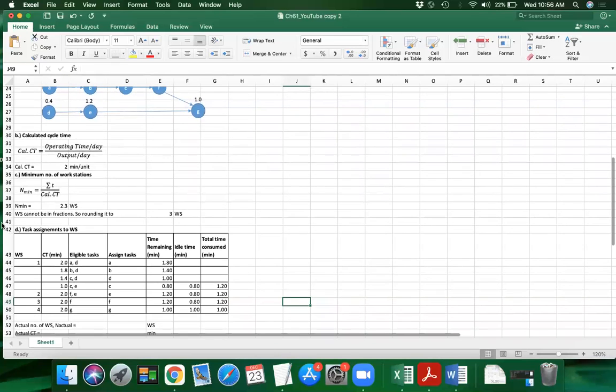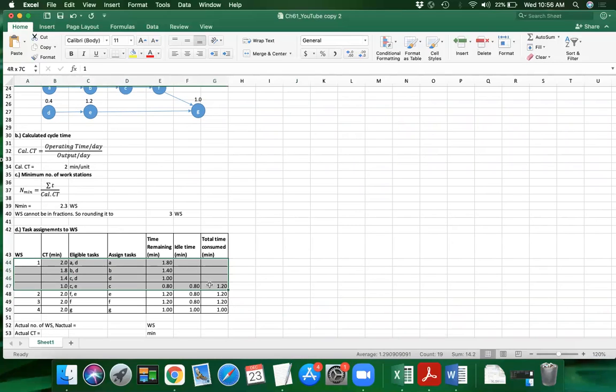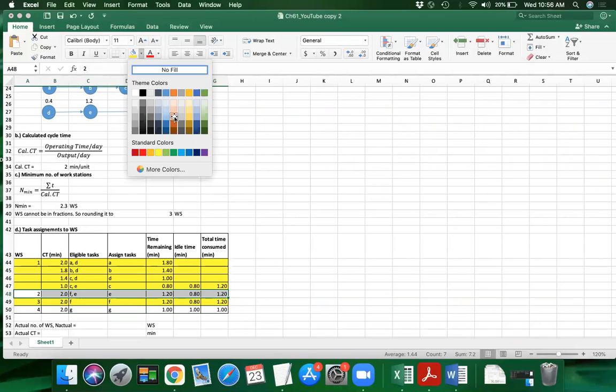Now we know that the minimum number of workstations was 3, but actually we needed 4. You see that it's always good to highlight different workstations with different colors, so you can identify them easily. So I'll just do the alternate highlighting. Let's say this one.